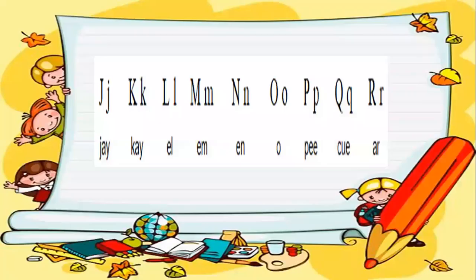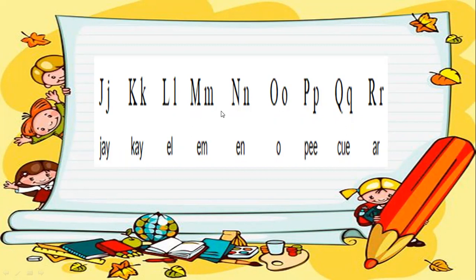Now we are going to revise our today's lecture at once. J, how will you pronounce it? J, look here, J, it sounds like jay. K, it sounds like kay. L, it sounds like el.